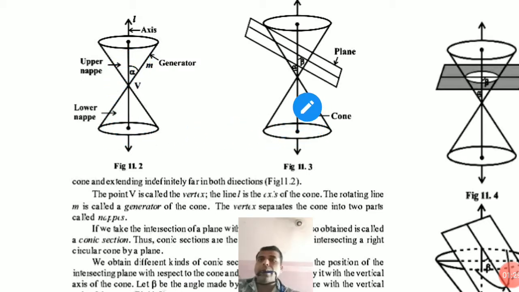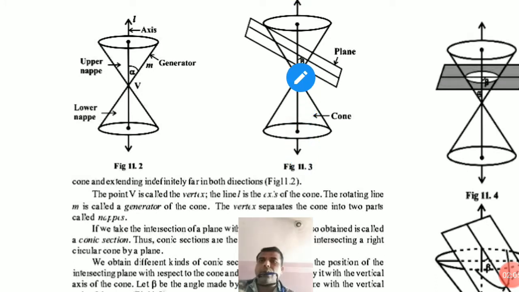Now see the angle between the generator, the moving line, and the straight line axis. The angle between them is denoted by alpha. Now one plane is going to intersect one of the nappes of this right circular cone. The angle is given here as alpha, and this angle beta is the angle between the plane and the axis of the right circular cone.